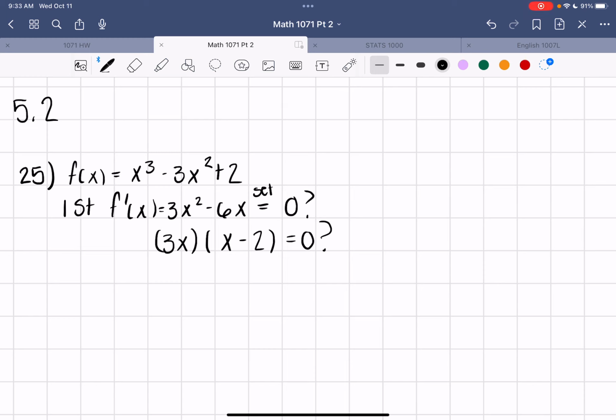So you've got 2 critical points at x equals 0 or x equals 2. I need to plot them. So go back to the original f, put 0 in for x, you get a y coordinate of 2. Now go back to the original and put 2 in for x. What do I get? 8 minus 12 plus 2. Is that negative 2? Okay, so there are my two critical points.